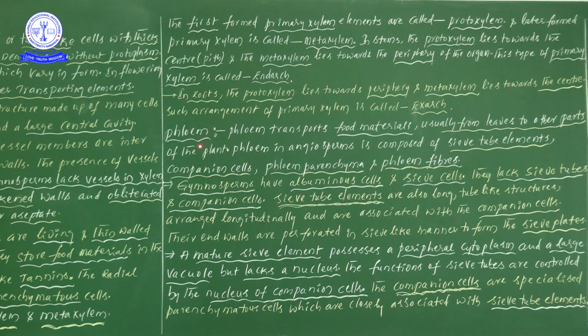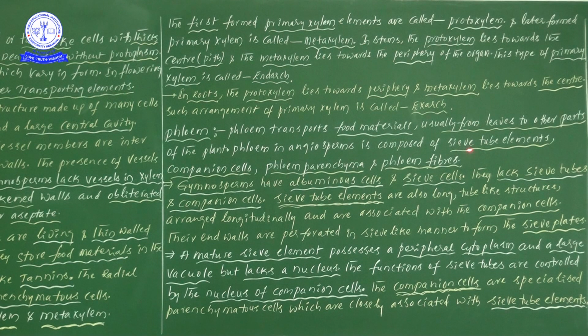That's why the phloem members' structure is reverse to the xylem members. In xylem, of 4 types, 3 are dead and 1 is living. In phloem, of 4 types, 3 are living and 1 is dead.